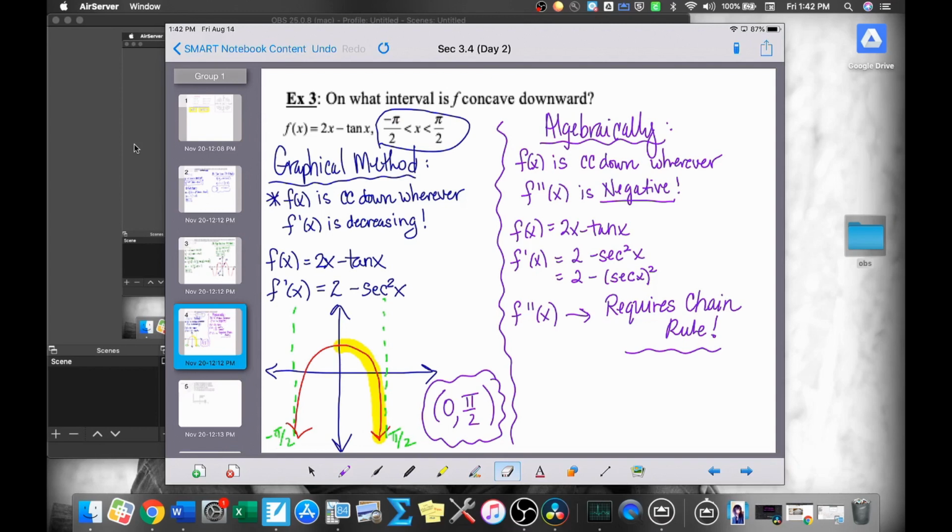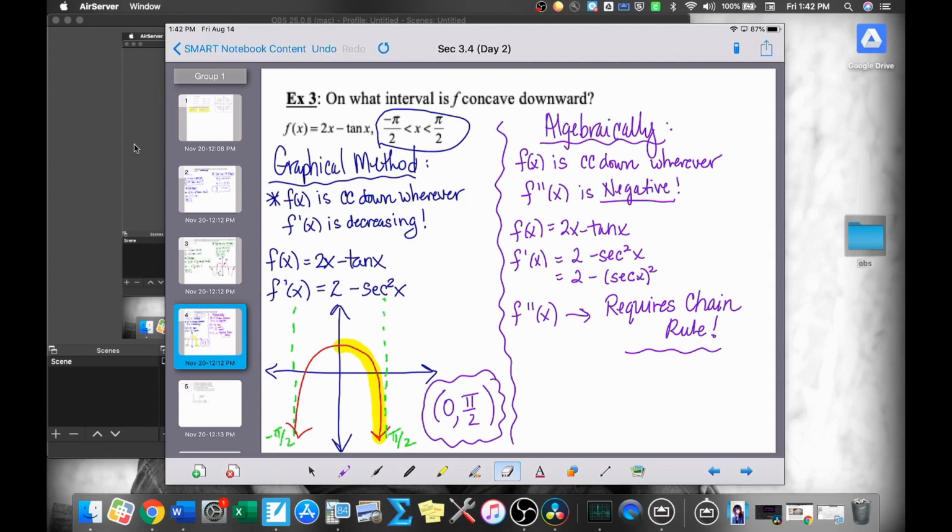I always like to show you multiple ways to do things in calculus, keeping in mind that when we get to the AP test in the spring, parts of the test are with a graphing calculator and parts of the test are without a calculator. So if you had access to a graphing calculator, I would totally have done the graphical method on this problem.